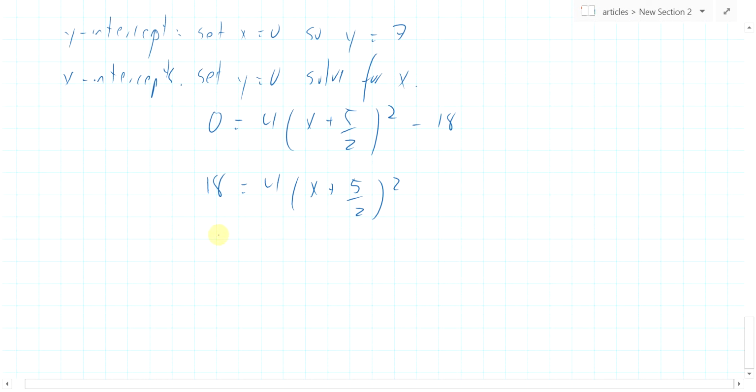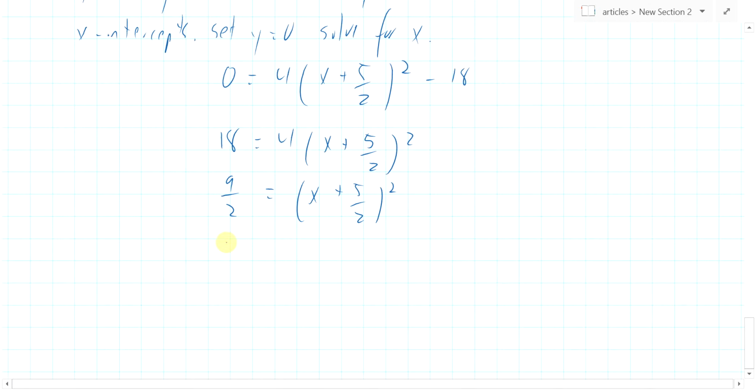Divide both sides by 4, that'll give me 9 over 2 equals x plus 5 over 2 squared. 18 divided by 4, you can cancel out a 2 out of everything and you get 9 over 2. And then I can take the square root. Square root of 9 over 2, square root of 9 is 3, square root of 2 is just square root of 2, and you pick up a plus and minus because you're taking the square root.